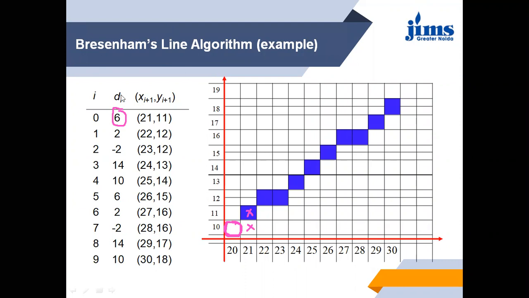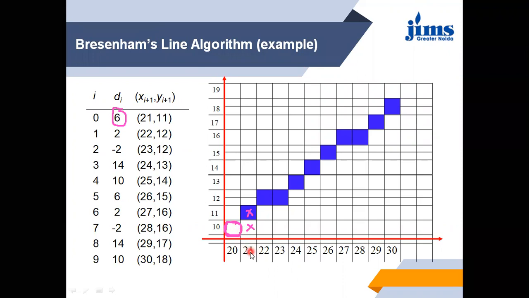We can find the value of yi plus 1. Our first pixel was 20 and 10.